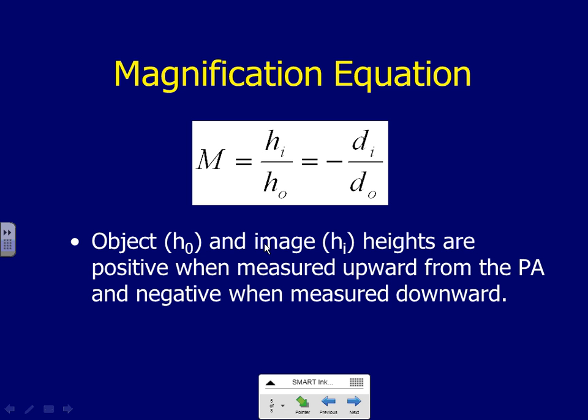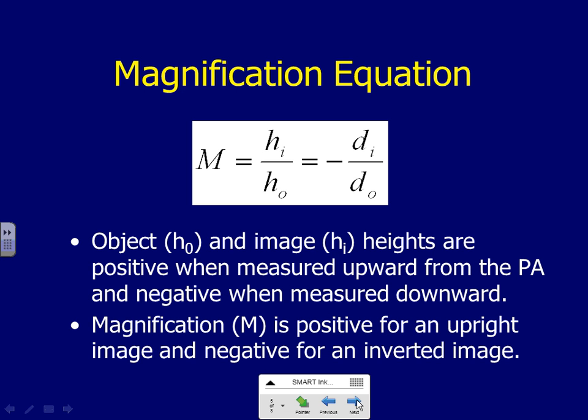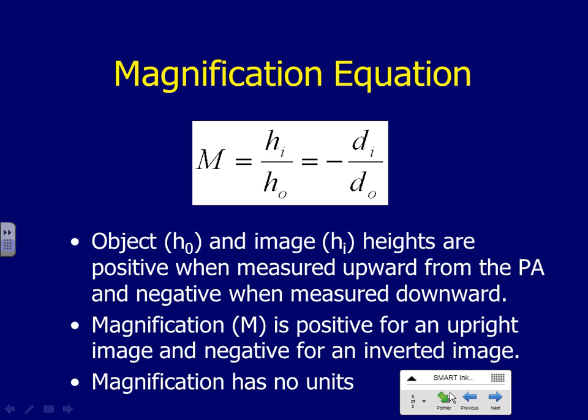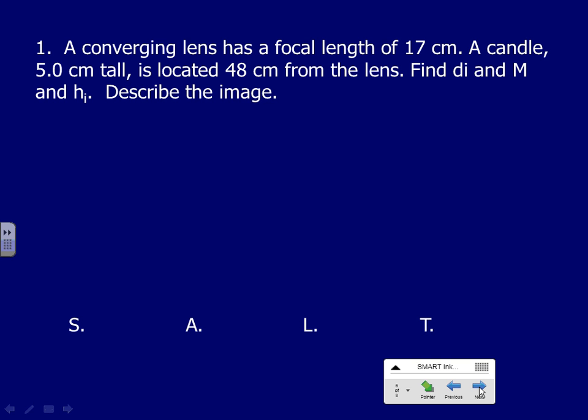All right, beautiful. We've already got this written down. Good stuff. Positive for an upright, negative for inverted. Magnification has no units. We've got all that good stuff. All right, now just some examples.